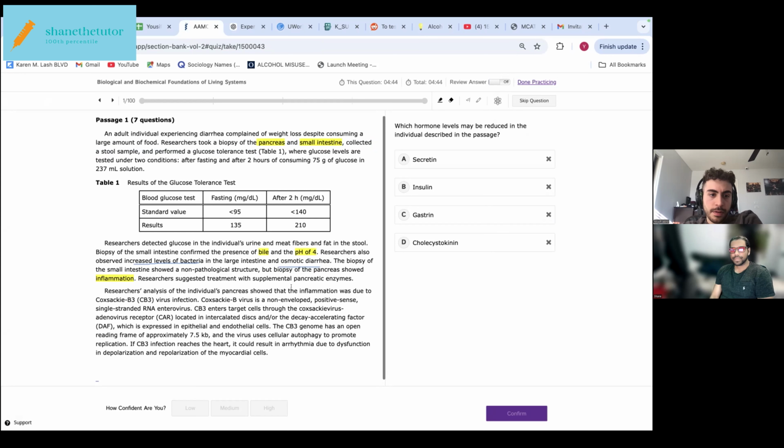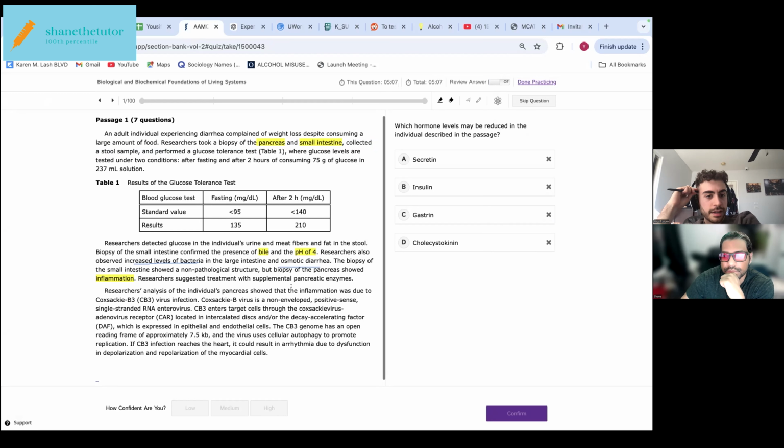Now I was also going to ask you, is the small intestine environment very acidic? The stomach is acidic.